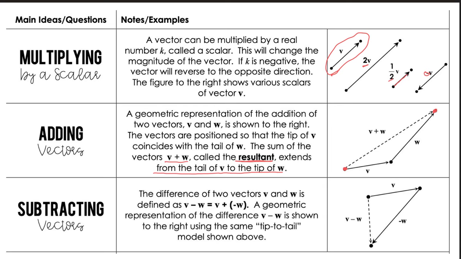And then the difference is represented the same way, still tip to tail. You're going to say V minus W, which is the same thing as V plus the opposite of W.